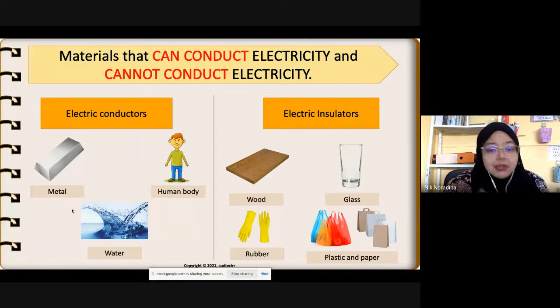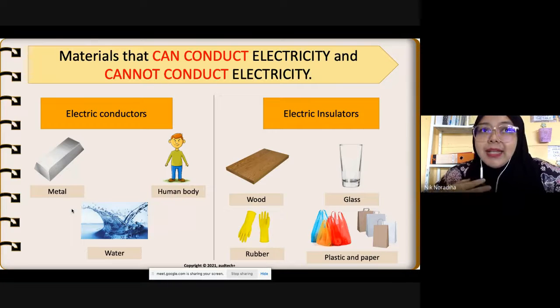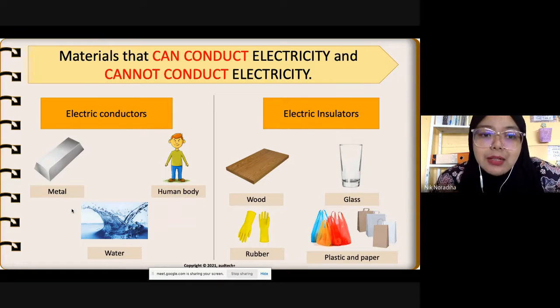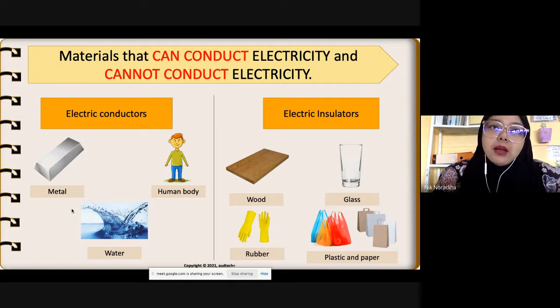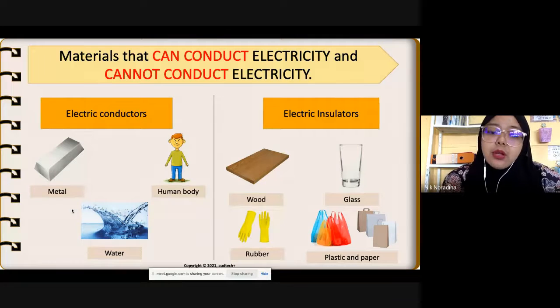You need to make sure you are dry first. Why? Because our body is electrical conductors. We can allow the electric current to pass through us. That's why during rainy season, it is very dangerous for us to go near to the electric pole outside from our house, because our body can conduct electricity.